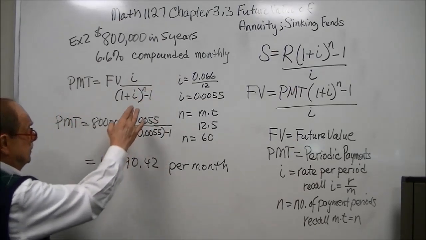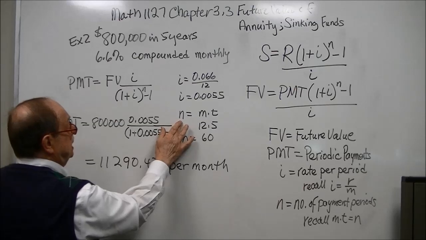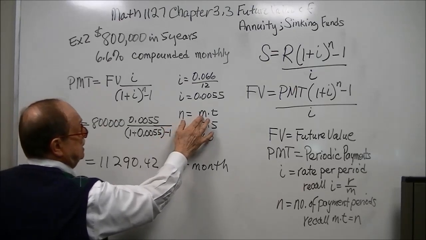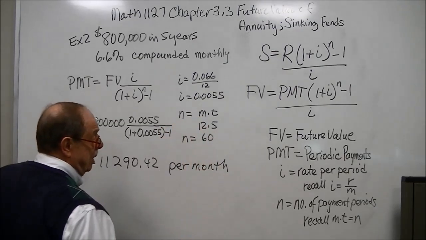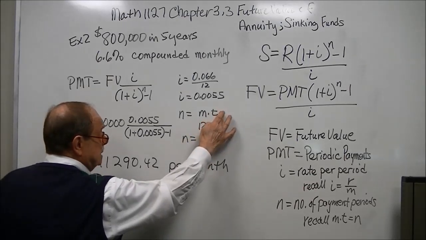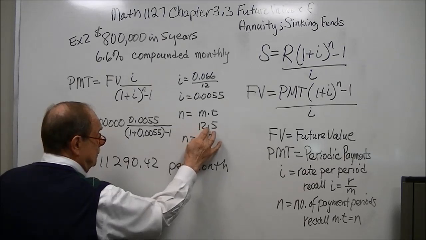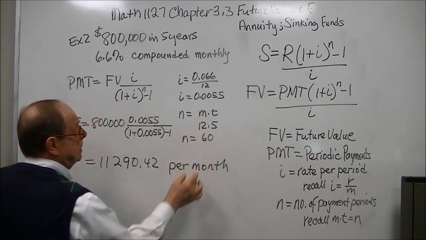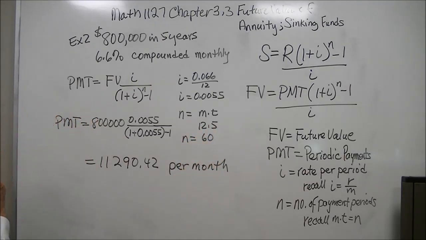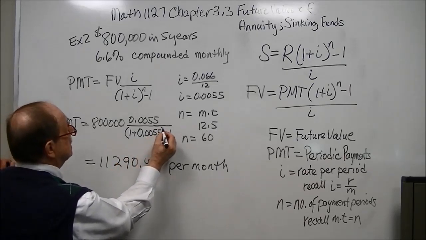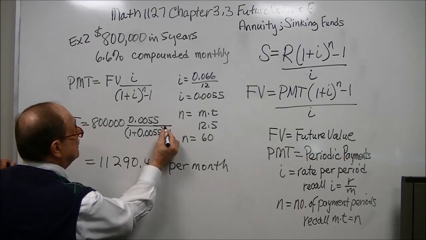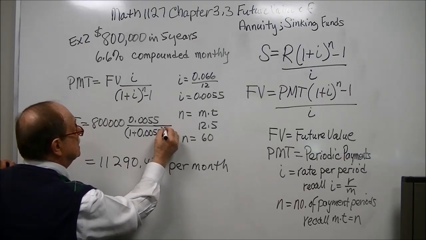And then we also have to figure out what N is going to be, and that would be the time monthly times the years, 5 years. So 12 times 5 gives us our 60. So we have to put into our formula, and I didn't put the 60 there, did I?